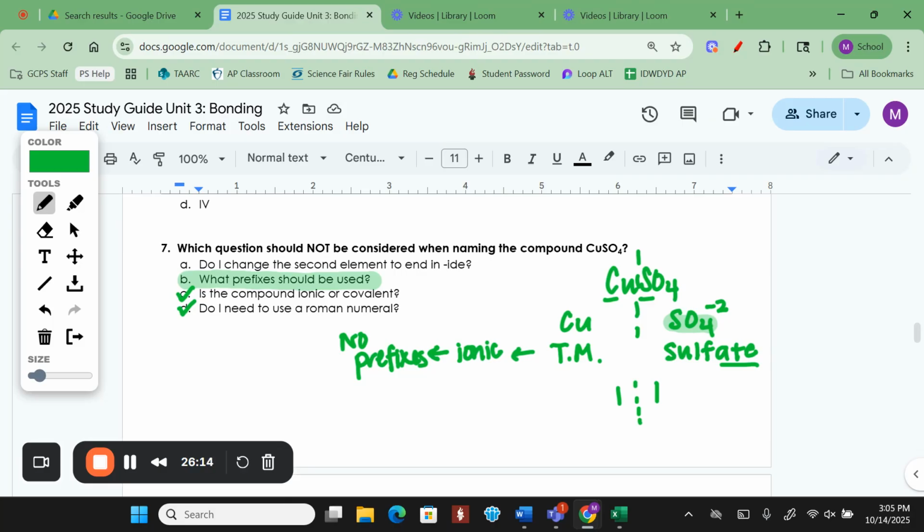If you thought that there were 4 SO4s, let me show you what that would actually look like. If you wanted to say that there were 4 SO4s, you would have to see something like this, where we have the polyatomic ion in parentheses and the amount that we need outside of the parentheses.